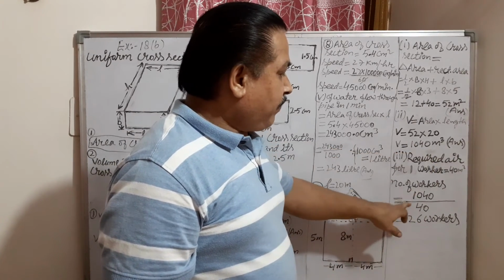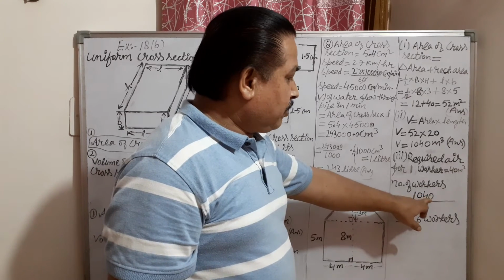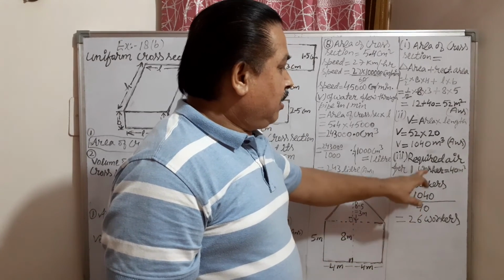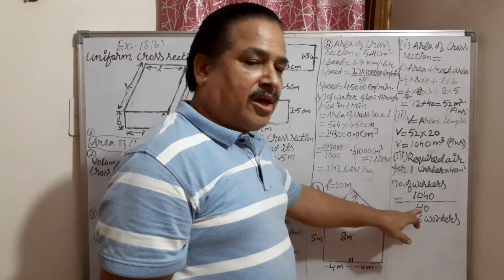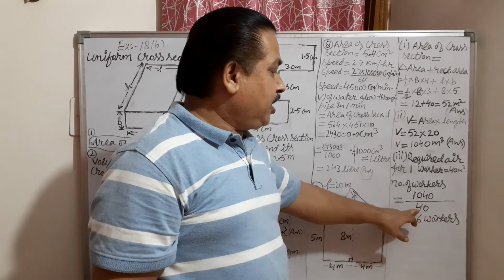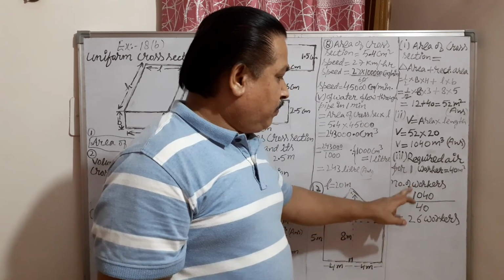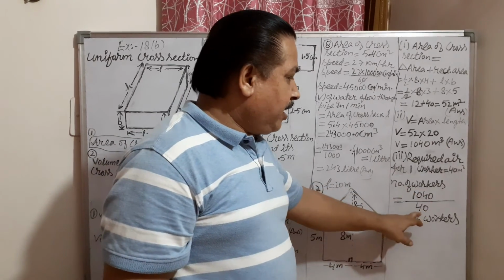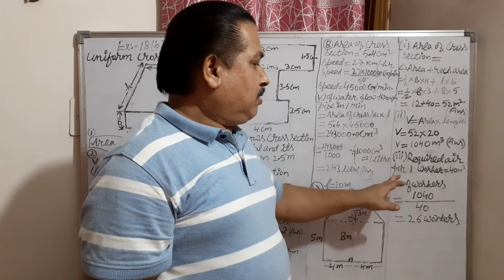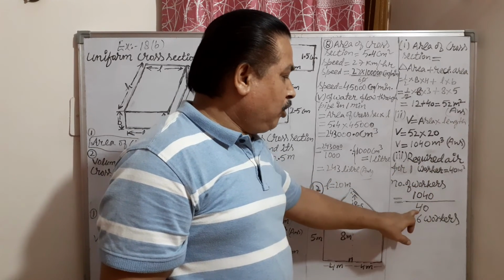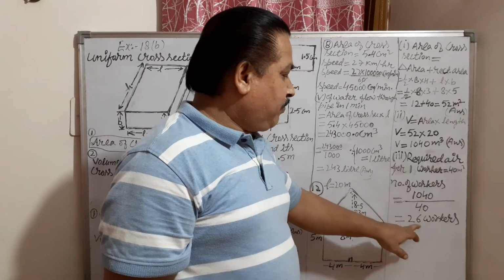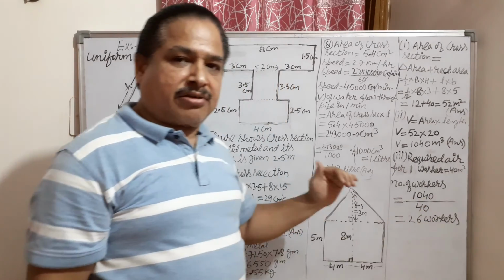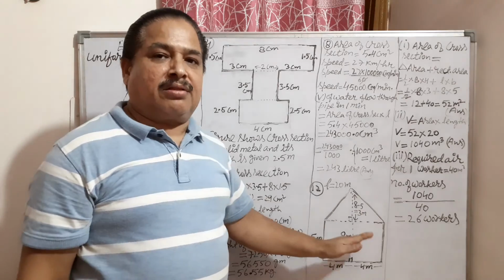So volume of air in the garage divided by required air for one worker, 40 meter cube. So divide this. 1040 divided by 40. 26 workers can stay inside of the garage.